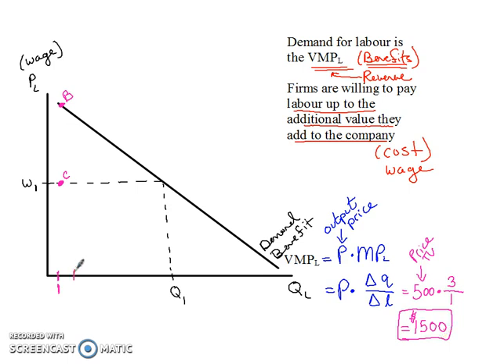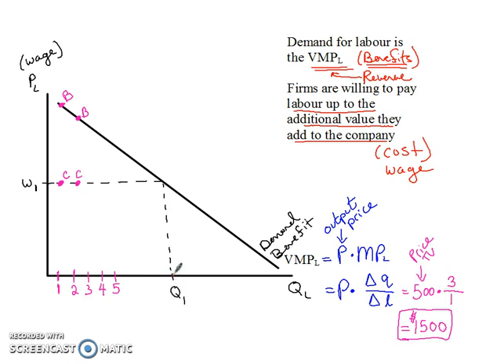How about worker number 2? The value of the marginal product, which is this curve, is greater than the cost of hiring that second worker, so we hire. Whenever the value of the marginal product is greater than the wage, we hire the worker. We would hire worker number 3 for the same reason, worker number 4, worker number 5, all the way out to Q1 workers.